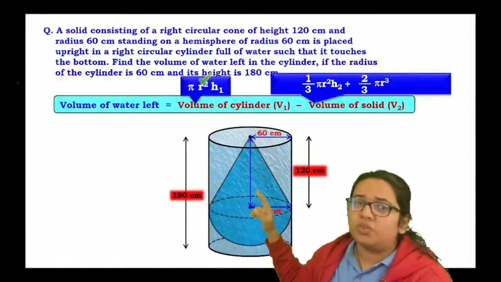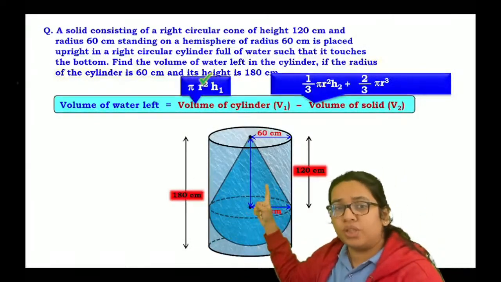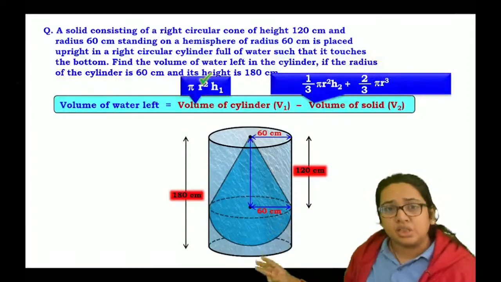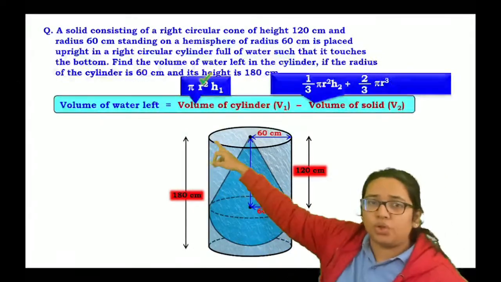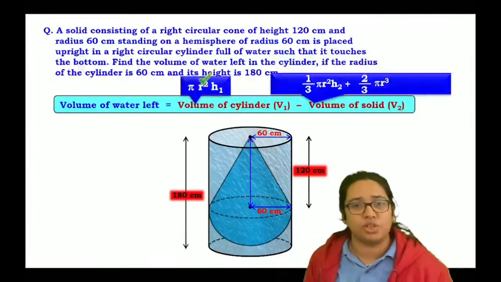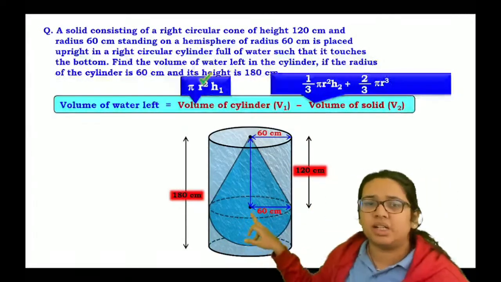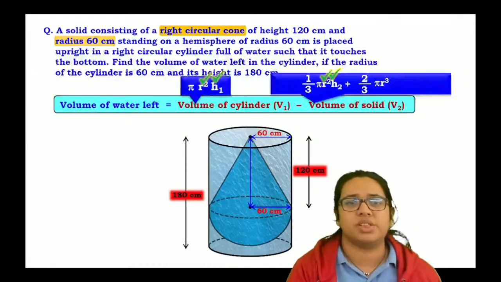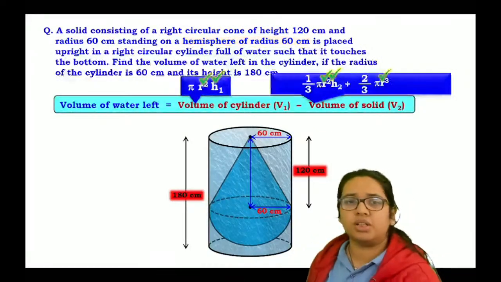We have the radius for the right circular cone as well as cylinder as well as hemisphere. Also, we have the value of height of the cylinder as well as height of the right circular cone. Hence, we'll just use the formula.